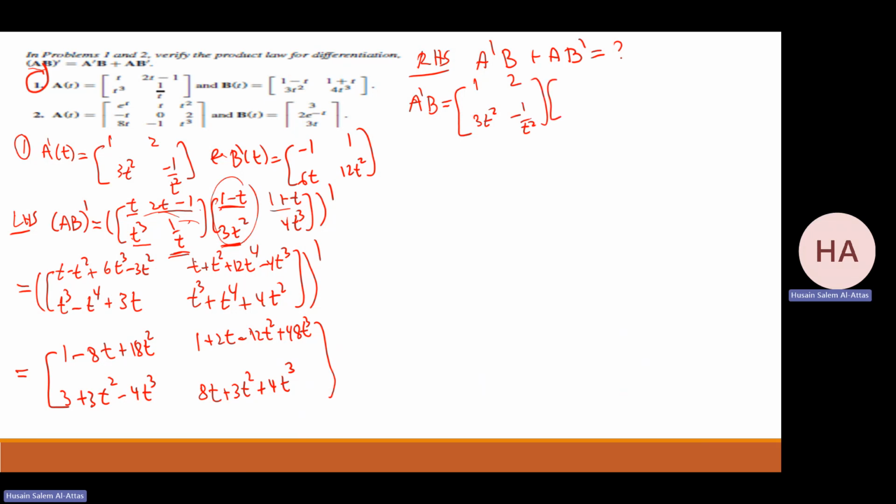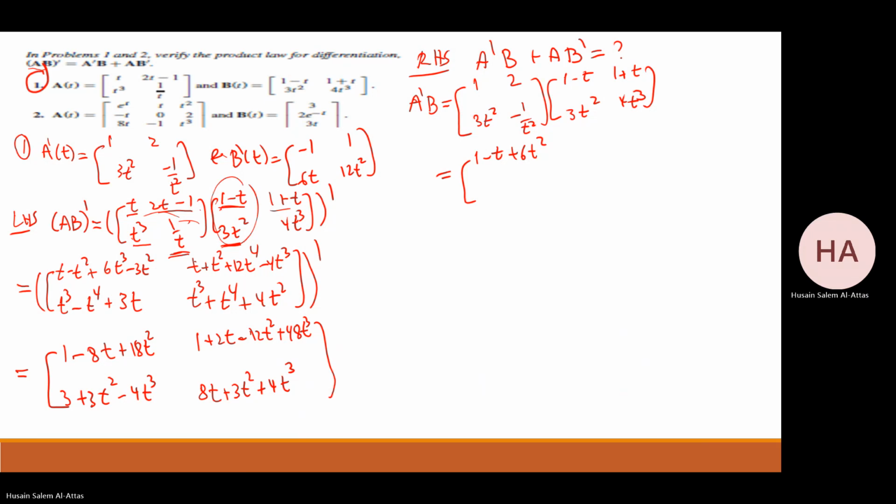What is B? This is B: 1 minus t, 1 plus t, 3t squared, 4t cubed. That gives me what? 1 minus t, this row times this column plus 6t squared.